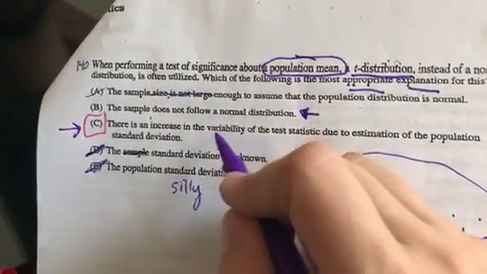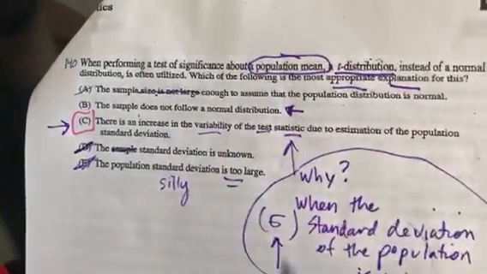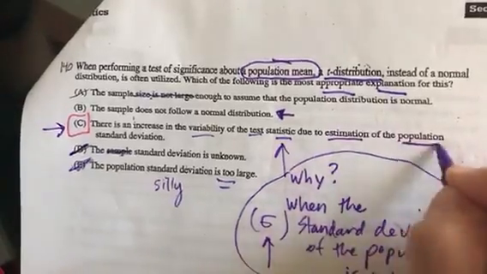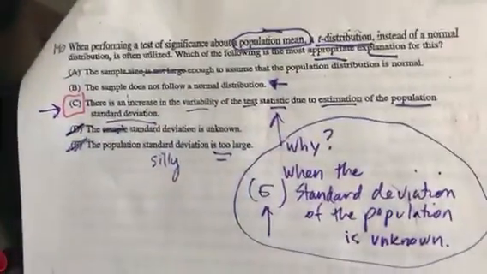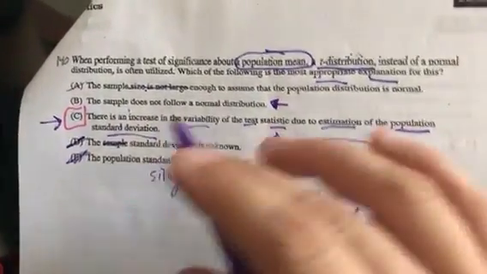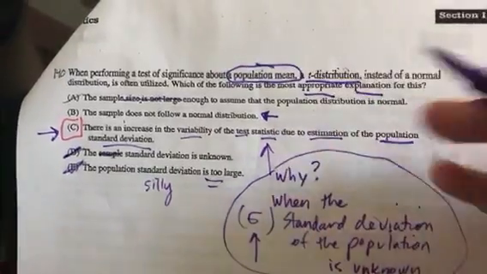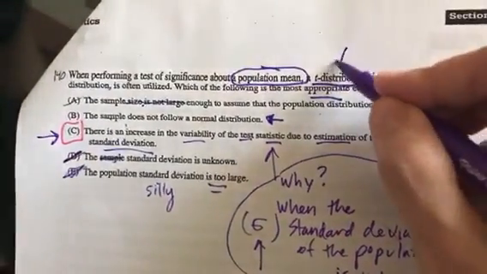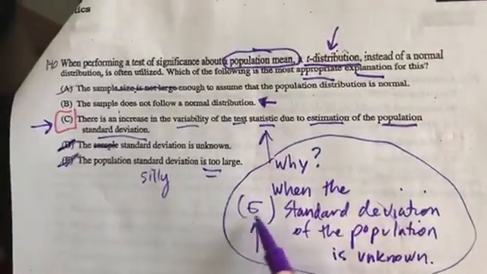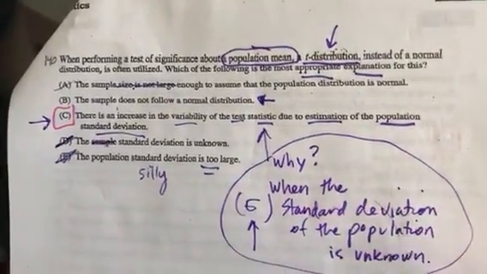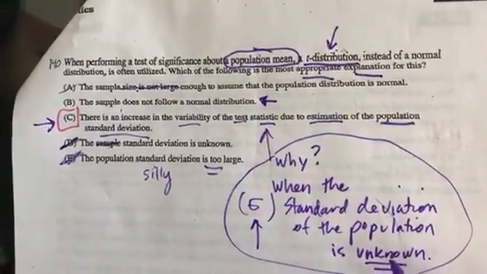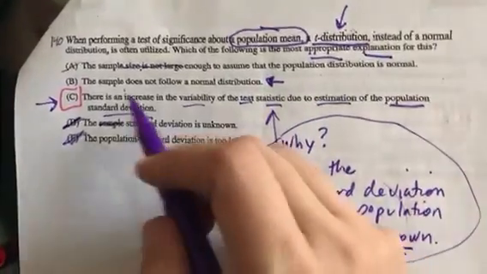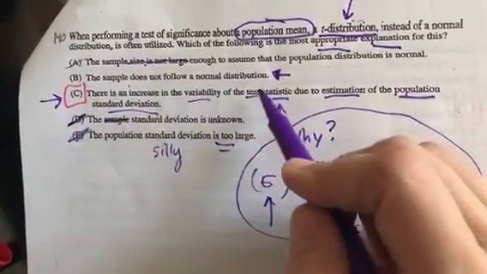There's an increase in the variability of the test statistic due to us estimating the population standard deviation. So that's exactly why we do it. We don't really talk about that a whole lot, but we proceed with the T-distribution, which is a way to estimate this. And why do we have to estimate it? Because it's unknown. Well, anytime you estimate something, you're increasing the variability of the accuracy.